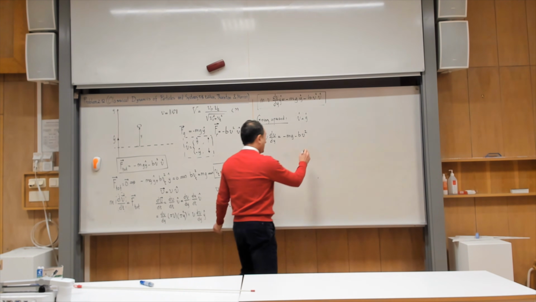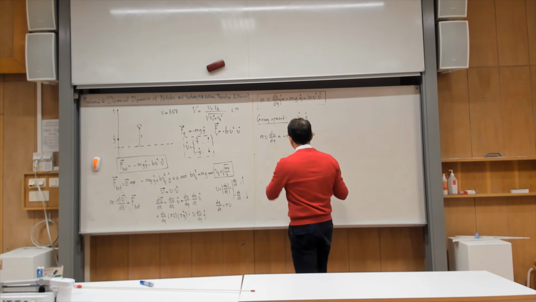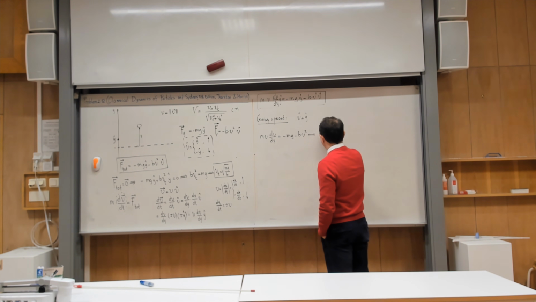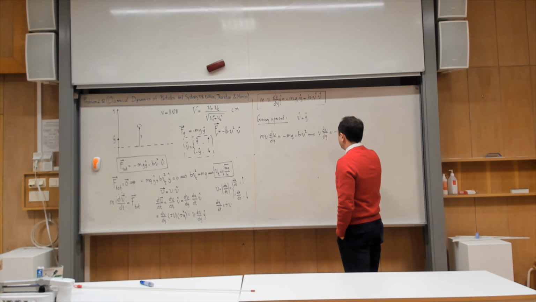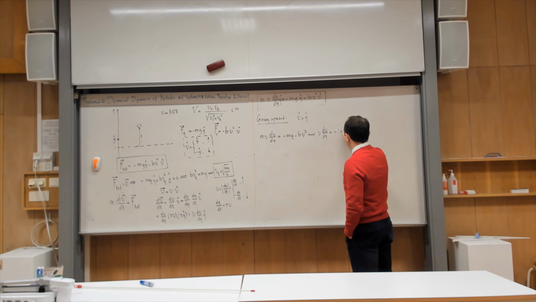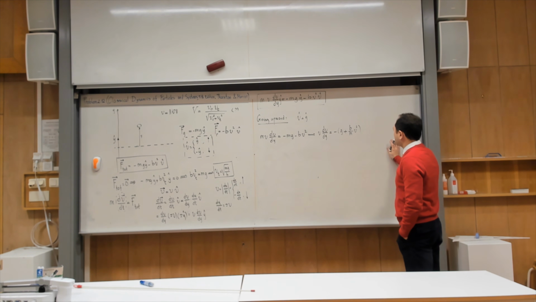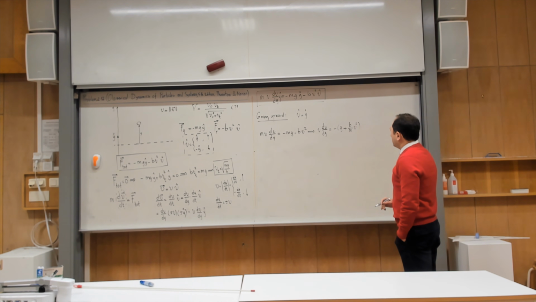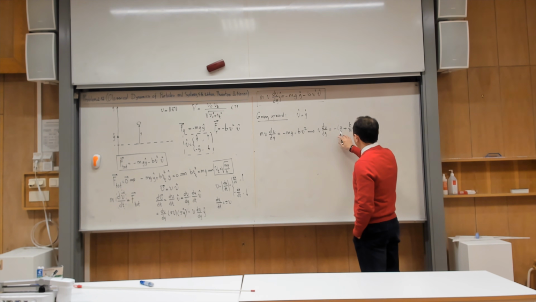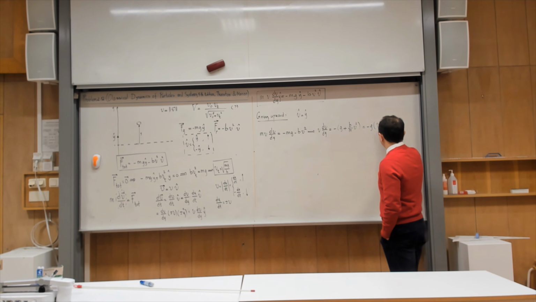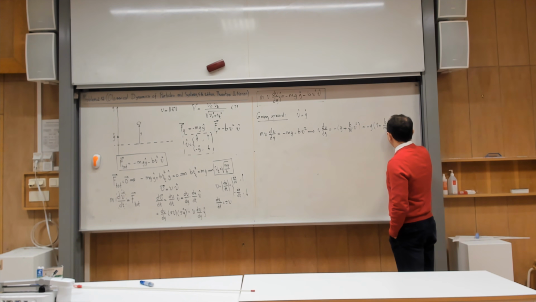Okay, now I divide by m, so I will have v dv/dy equals minus, let me factor a minus sign out as well, g plus b over m v squared. Yes, I can also factor a g out, so it becomes 1 plus b over mg v squared.